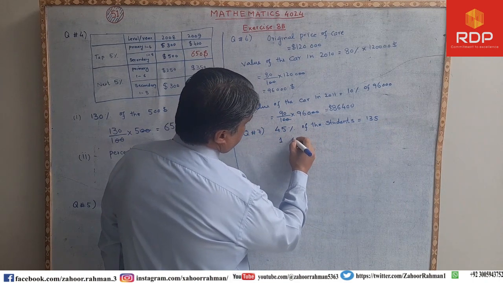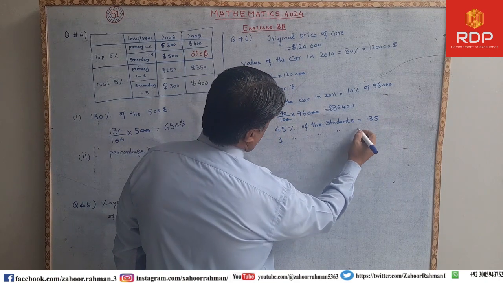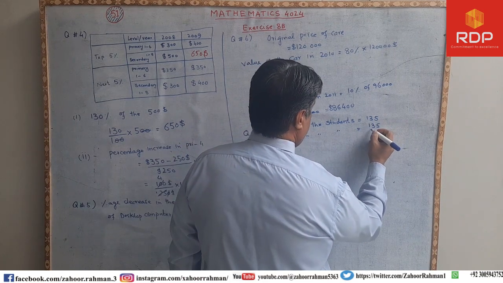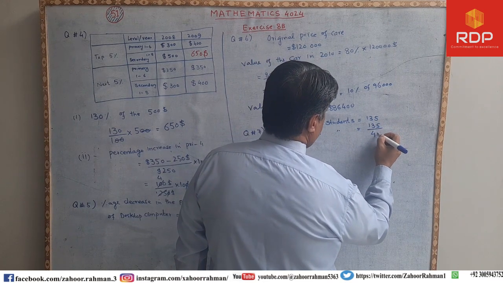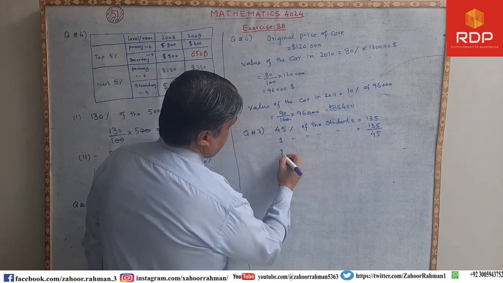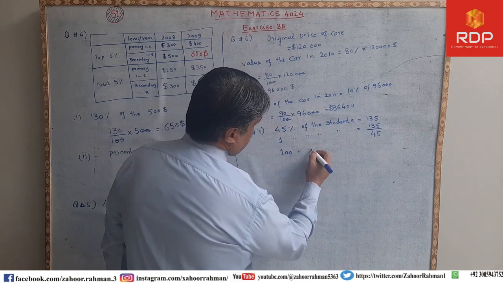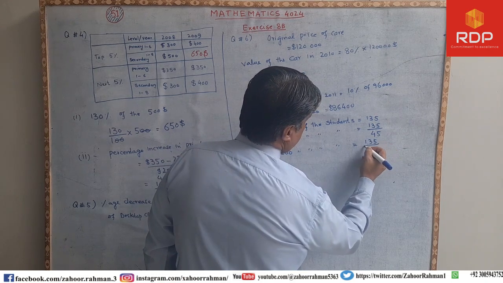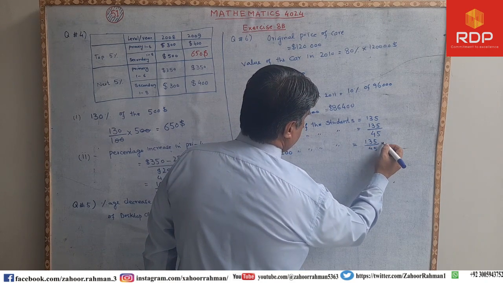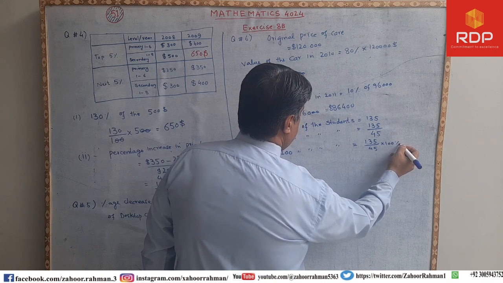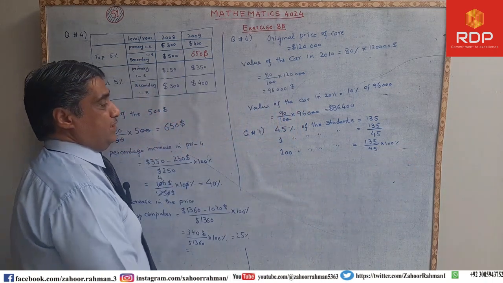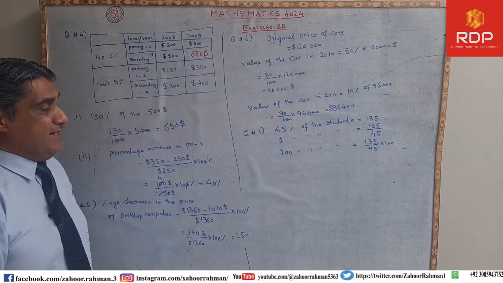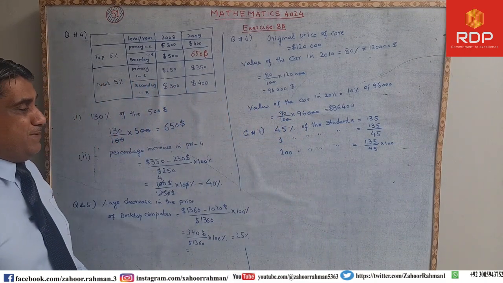So 1% of the students is equal to 135 divided by 45, and then we have to find 100% of the students. 135 divided by 45 multiplied by 100, because we are finding 100, the value, not percentage.